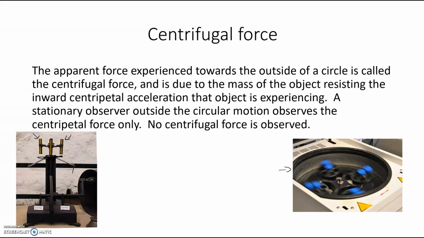And in the horizontal position, what we usually use these for is separating liquids. When they're spinning, the liquids separate with the denser liquids moving further out from the center of the circle. And when the spinning stops, the denser materials are found in the bottom of these separating containers.